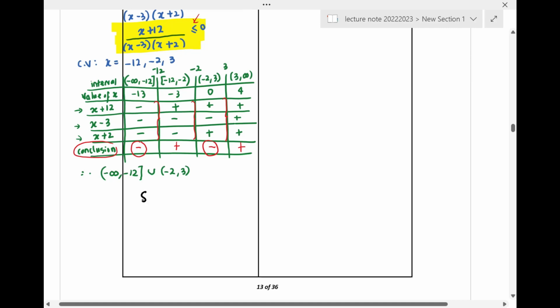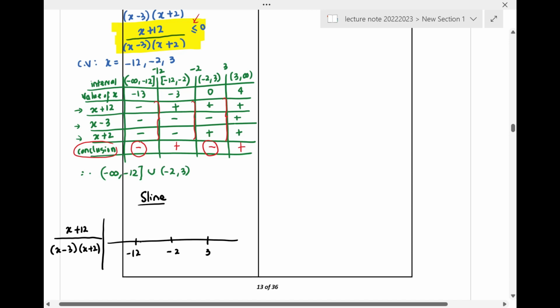Okay, so I'll put here, on the left side, my expression, which is x plus 12 over x minus 3 times x plus 2. And then the right side is my number line. So I'll put in my critical values, which are negative 12, negative 2, and also 3.